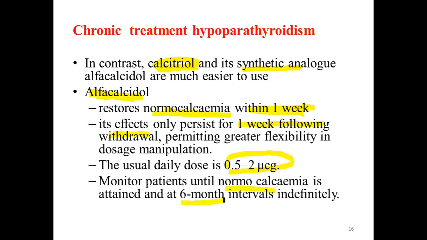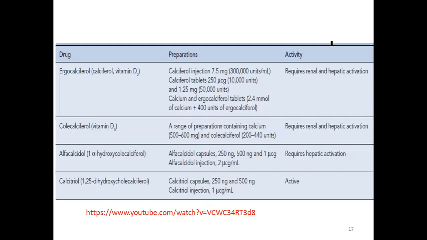Then after that, we can do it every 6 months. Most likely, when a patient has hypoparathyroidism, lifelong treatment is very important. As long as the gland is not working efficiently, the probability of having a calcium deficit is very significant.